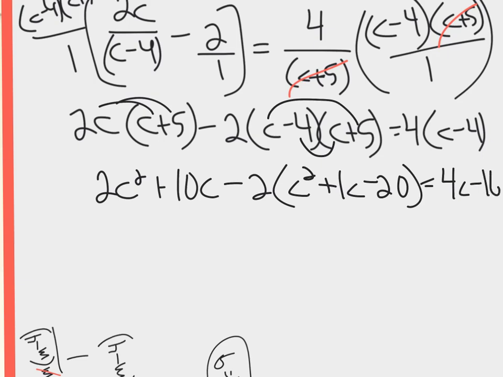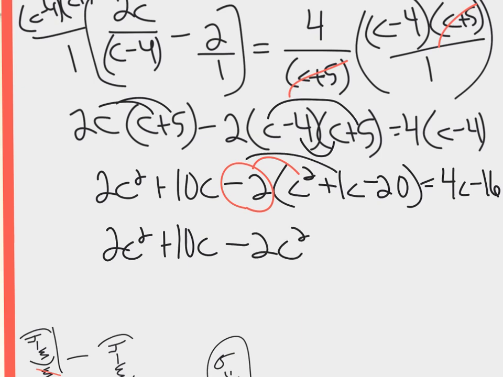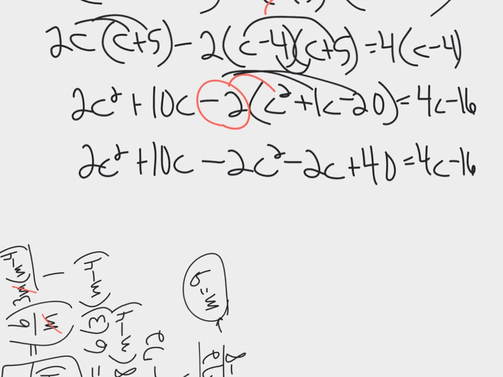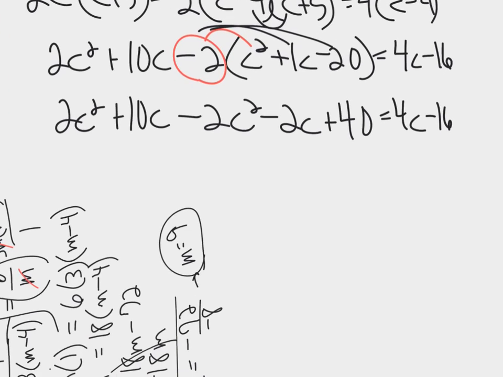So 4c minus 16. And watch your sign here, we are distributing a negative 2. So negative 2c squared minus 2c plus 40. So the 2c squared minus 2c squared cancels.